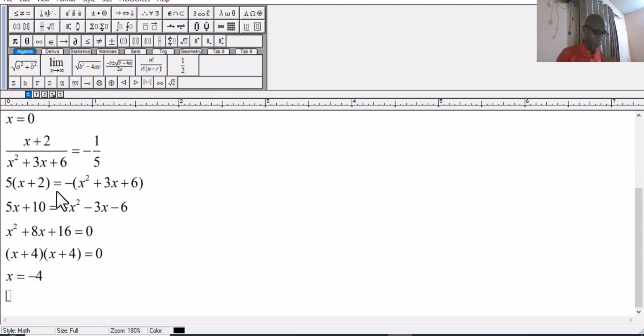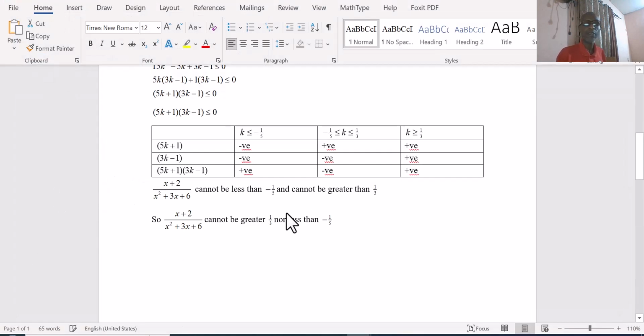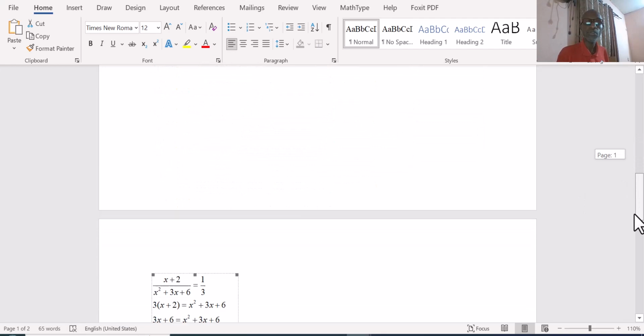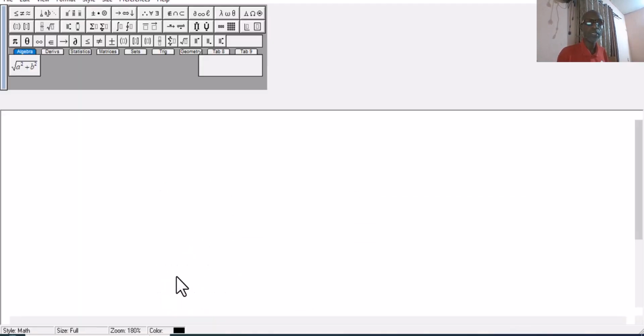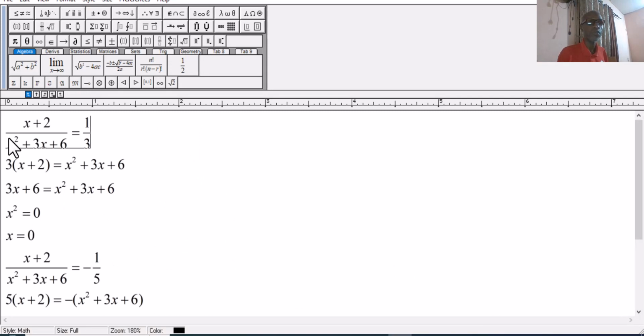So the two values it can attain: x equals 0 or x equals minus 4. So these are the two values that we can get for this calculation. I just want you to take note of them. Let me copy this so that you know.